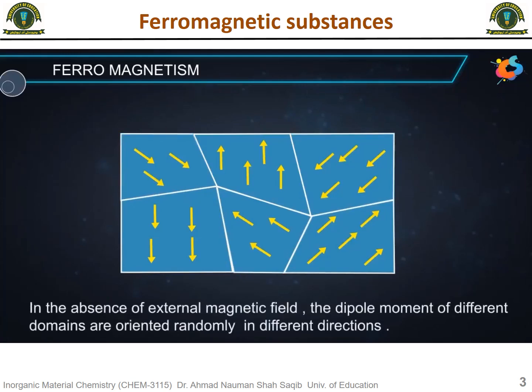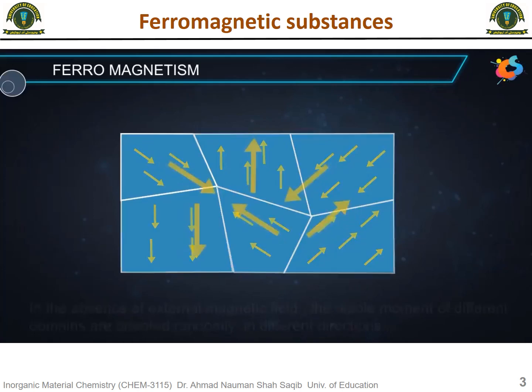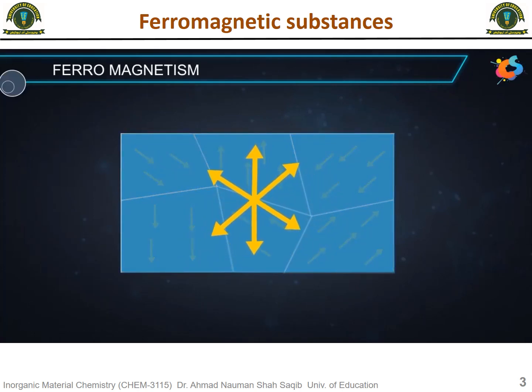In the absence of an external magnetic field, the dipole moments of different domains are oriented randomly in different directions. The dipole moment of one domain cancels the dipole moment of other domains, so that the net magnetic moment of the entire material is zero.